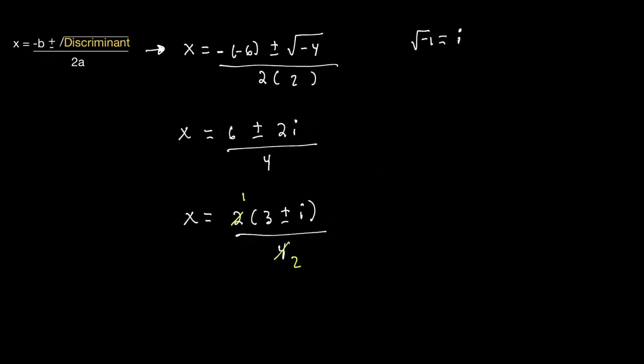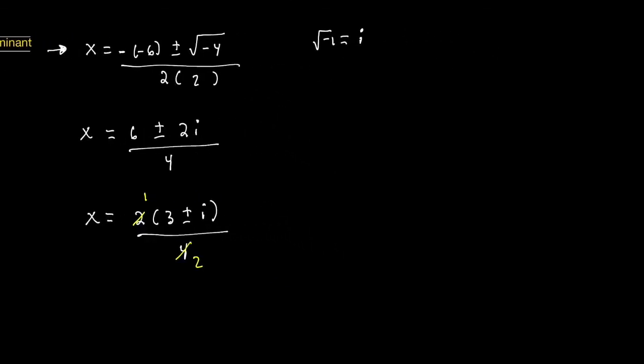And our final simplification is going to be x equal to 3 plus or minus i, because the 1 is not going to affect the expression on the numerator, all over 2. And of course, you could also write these solutions or the roots individually. So we get 3 plus i over 2 and 3 minus i over 2.